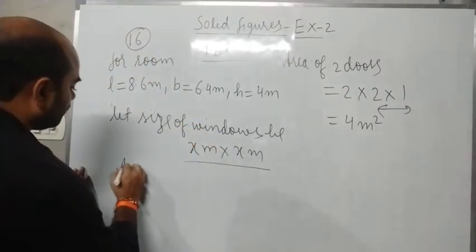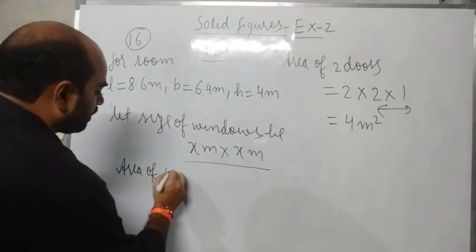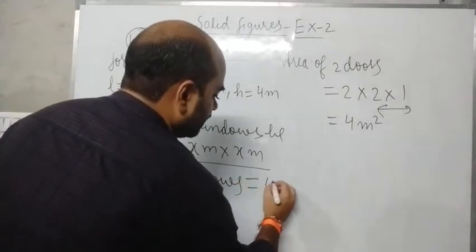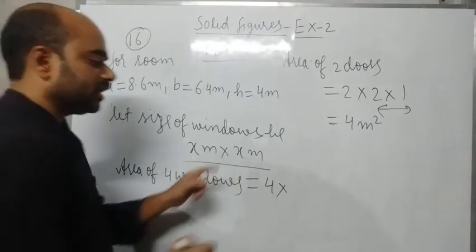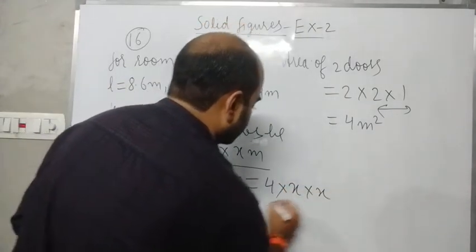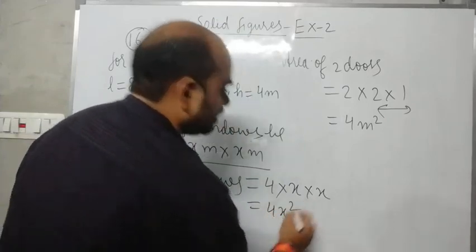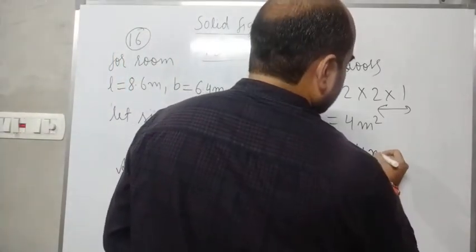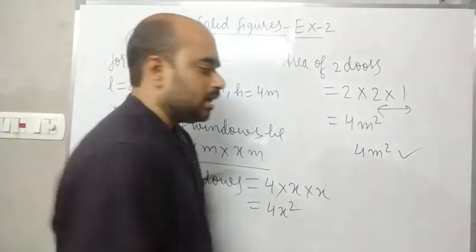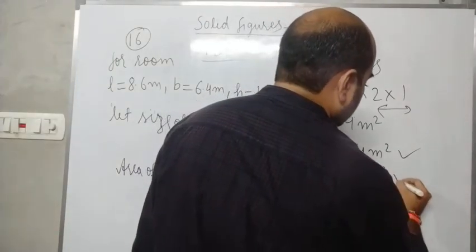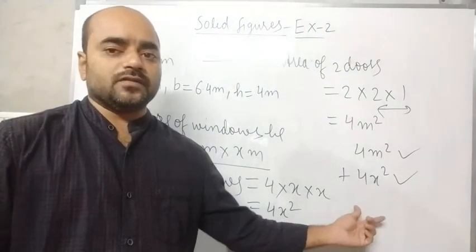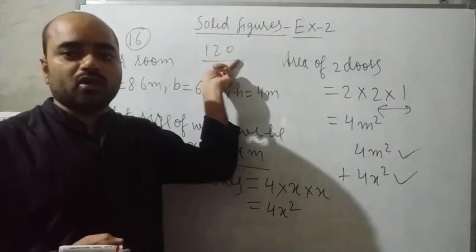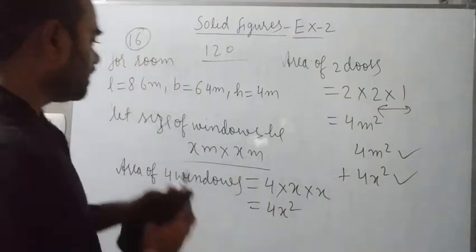Therefore, the area of all 4 windows will be 4 into x into x, that is 4x square. It means we have to subtract 4 meter square, the total area of the doors, plus 4x square, the total area of the windows, from the total area of the 4 walls.